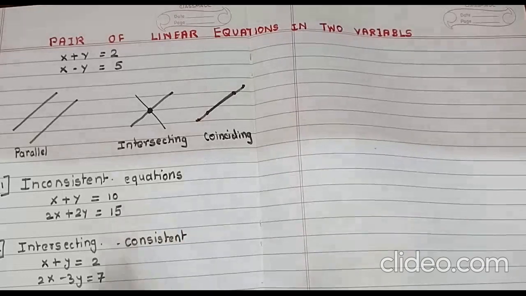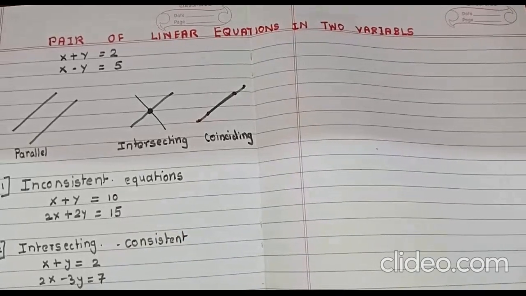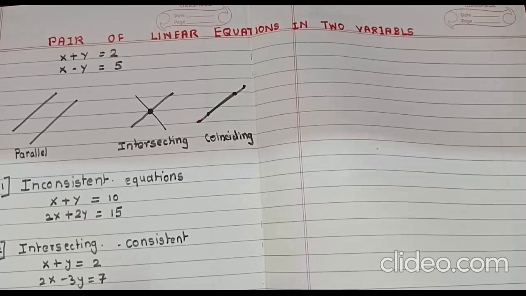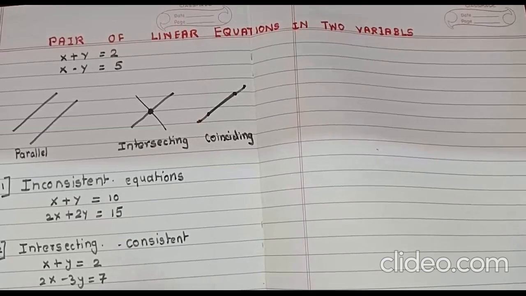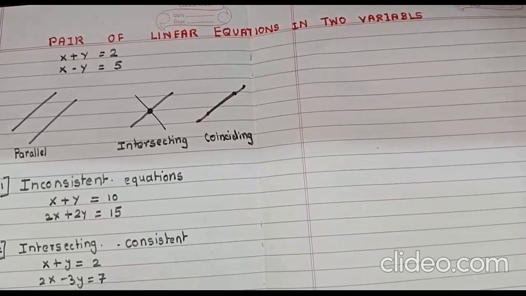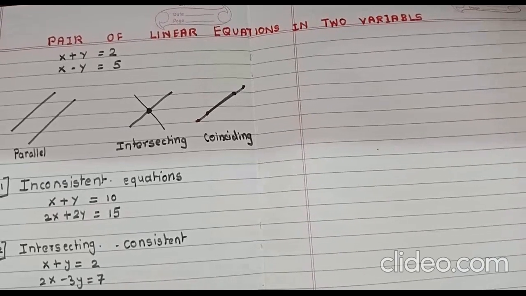Take the third one, coincident or coinciding, or you can say dependent equations. These are also consistent and they have infinitely many solutions.